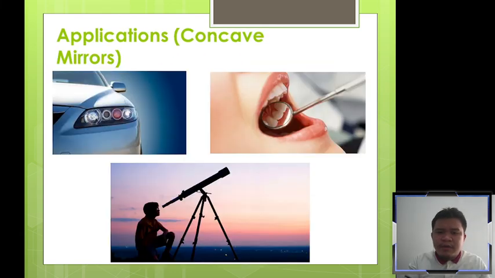Now for concave mirrors, let's say headlights of your car vehicles, that's why it shines brightly, because it has concave reflectors in them. Okay, telescopes, and even your dental mirrors. So there are a lot of things that you can still imagine of its uses. So I leave that to your hands.